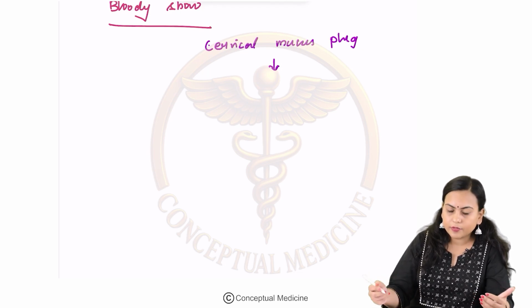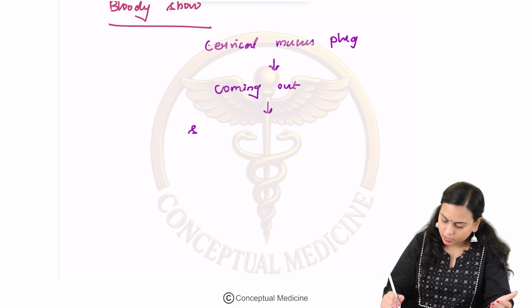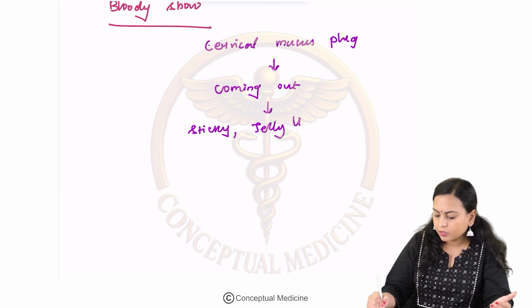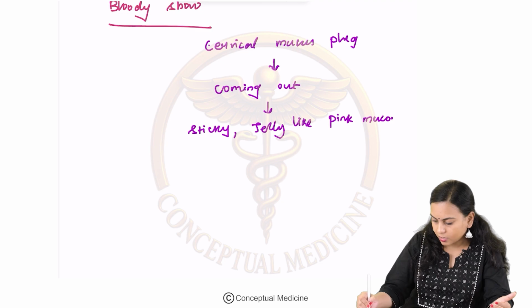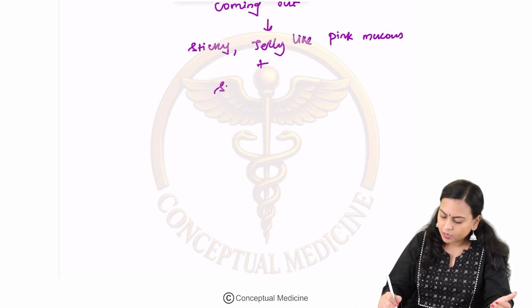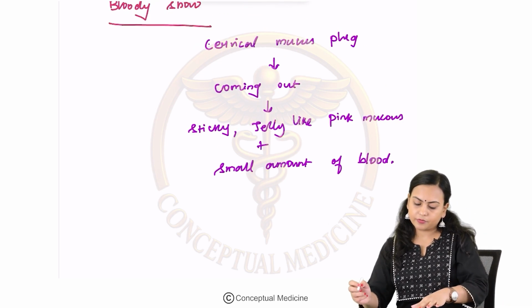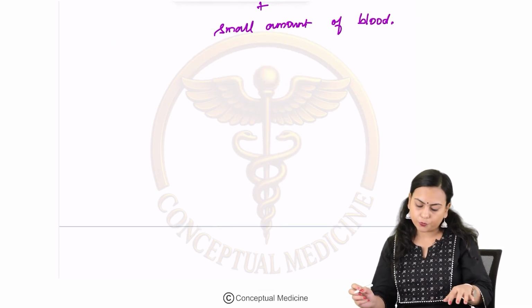So, this plug will be coming out, and that will result in a sticky, jelly-like, pink colored mucus coming out, and sometimes this may also be accompanied by a small amount of blood. Okay, so this will happen sometimes. This is known as bloody show.